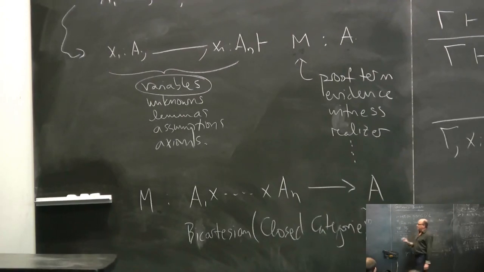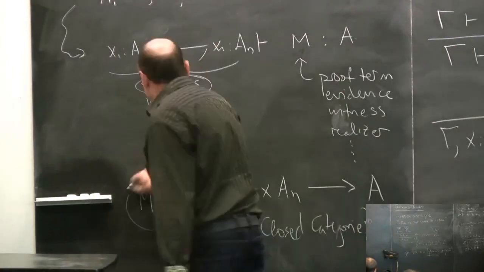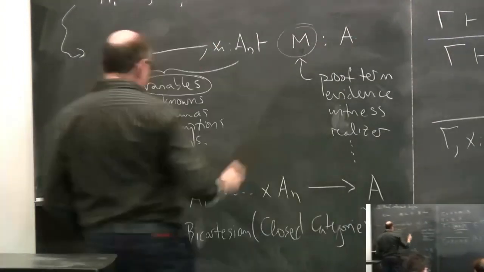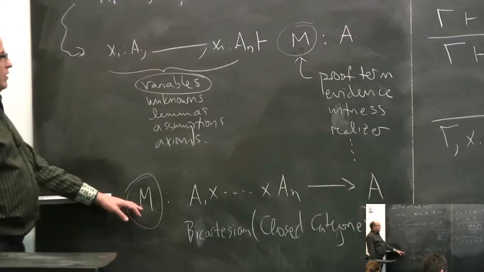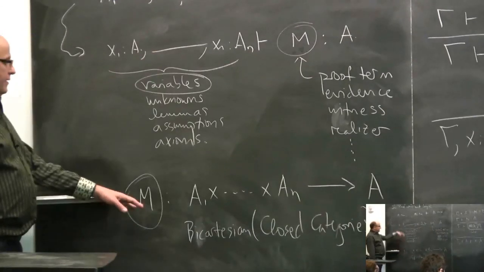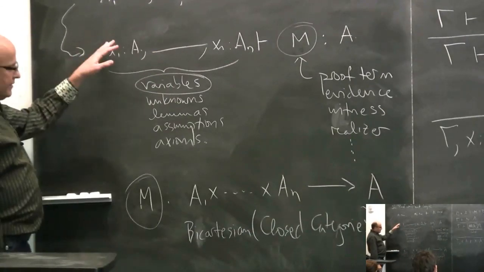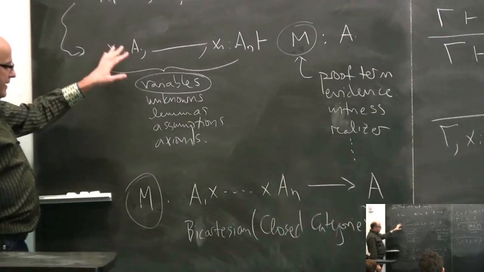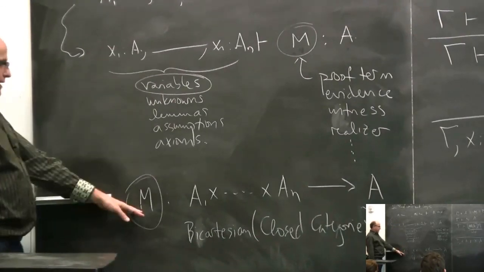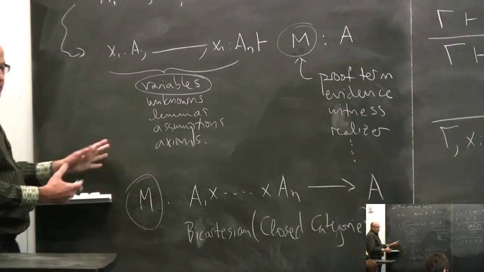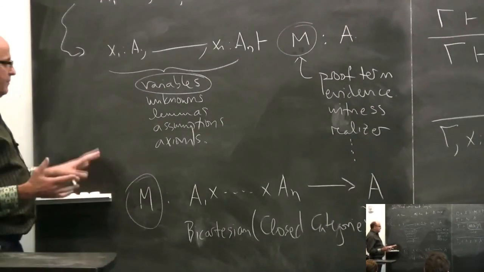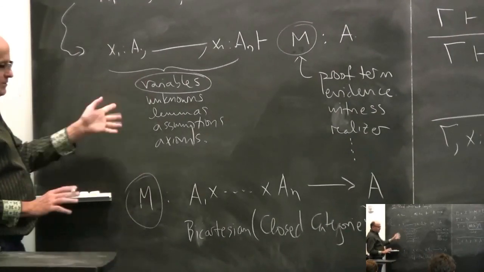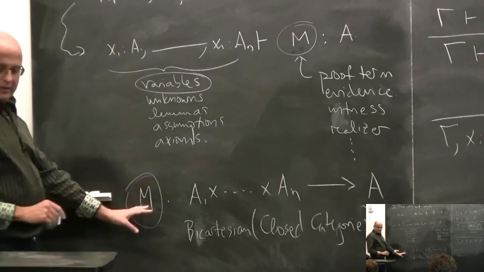So that's where we'll connect it with categories. The idea is that proof terms are mappings in a category. Those are the same thing. This is a logic-looking way of writing it, or a type-theoretic way of writing it. This is a category-theoretic way of writing it. It's almost a notational difference. The main difference is in the treatment of variables, which is a little clumsy over here.